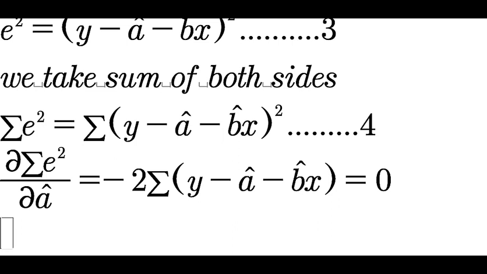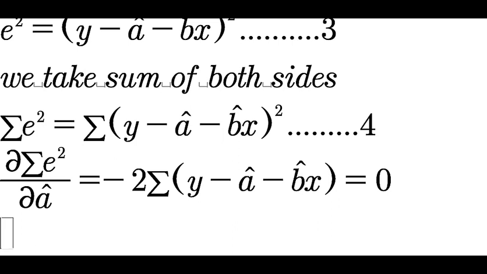Then, since we are dealing with respect to a hat, we differentiated the expression inside, that is a hat, to have -1. That -1 we multiply with the 2 summation to have -2 summation (y minus a hat minus b hat x). Then we set the whole result equal to 0.